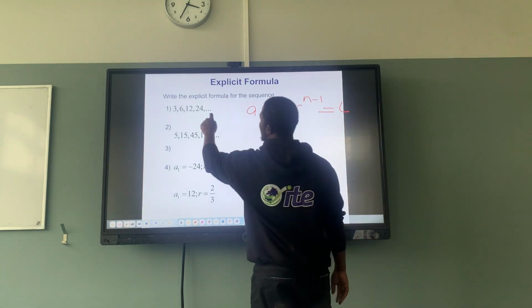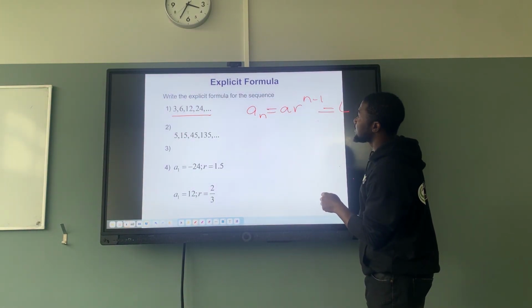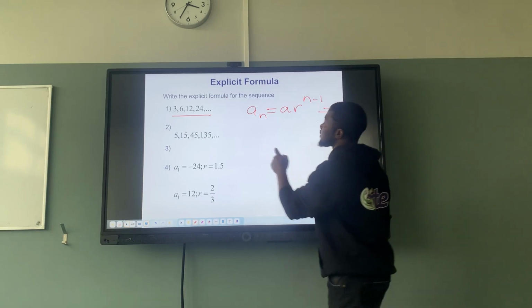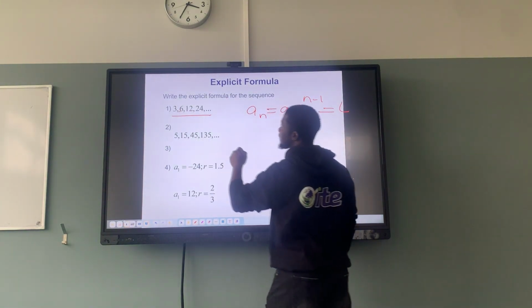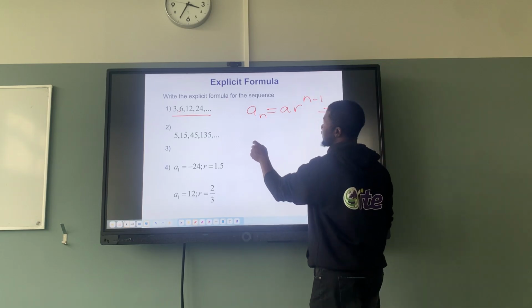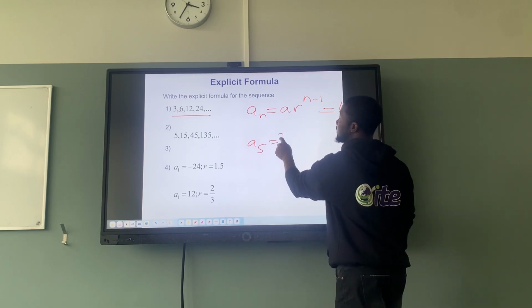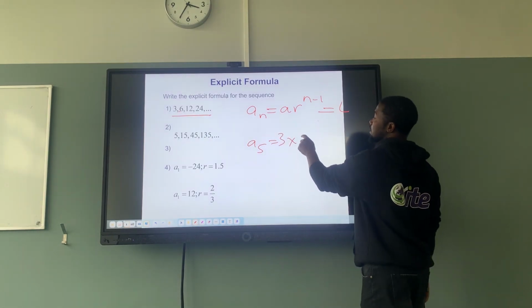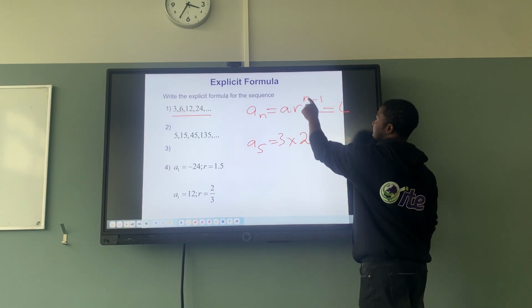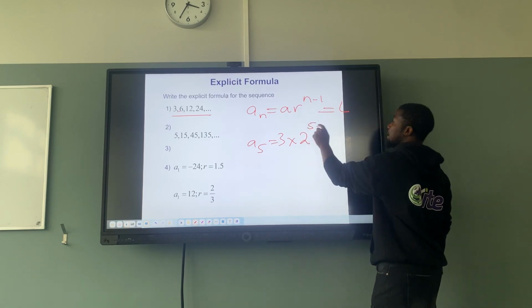So let's look at this sequence here. If I have to write the 5th term of the sequence, I first need to investigate what the common ratio is. The common ratio is 2. So A5 will be equal to the first term, 3, times the common ratio, 2, to the power n, which is 5 because we are finding the 5th term, minus 1.